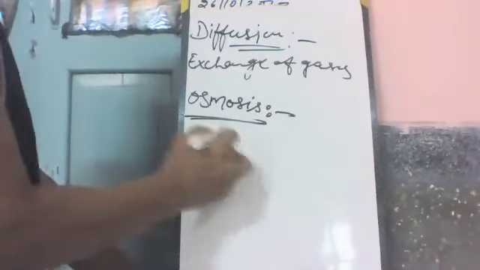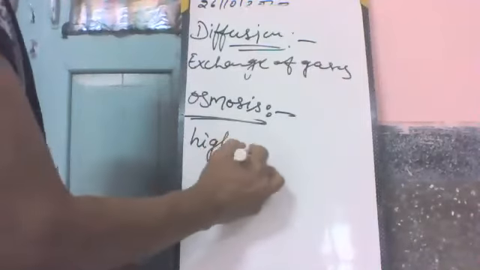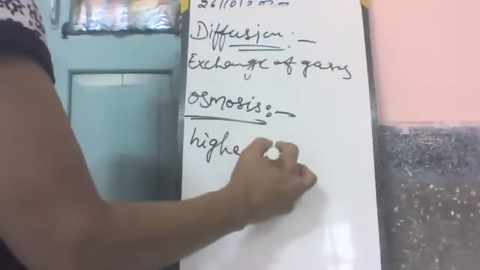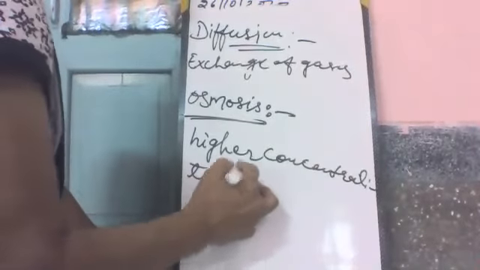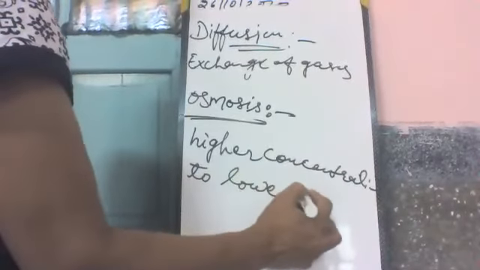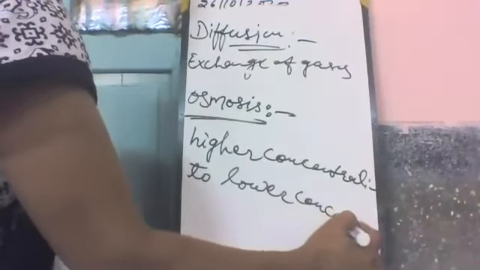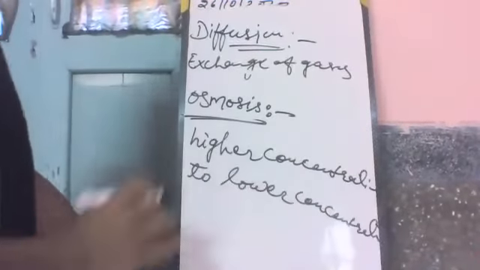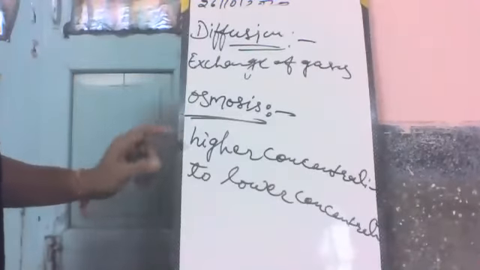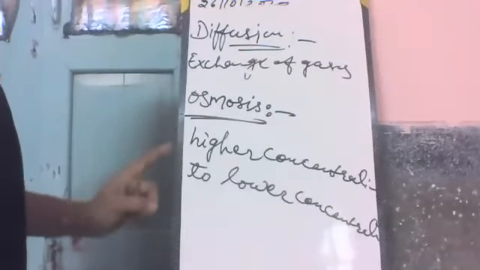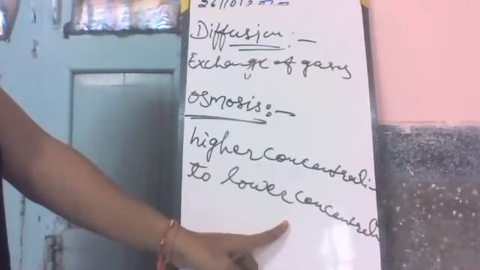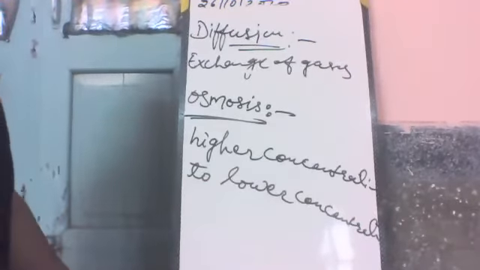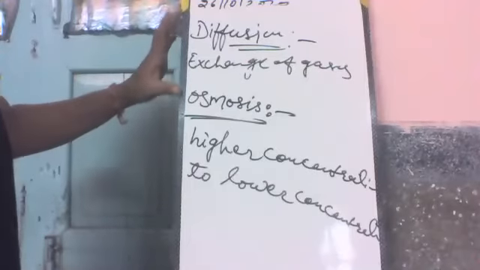The molecules of any substance move from higher concentration to lower concentration. What is important here is that the molecules move from higher to lower concentration, and it is the same in diffusion.